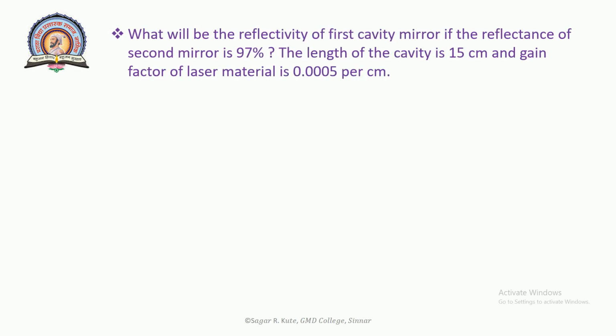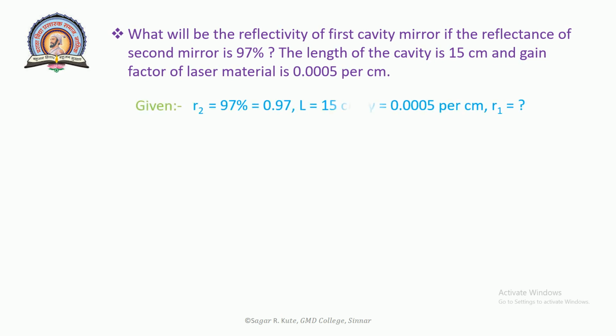What will be the reflectivity of first cavity mirror if the reflectance of second mirror is 97%, the length of cavity is 15 cm and gain factor of laser material is 0.0005 per centimeter. Now in this numerical we will calculate R1.